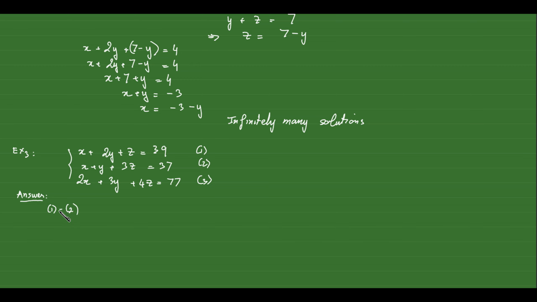You see that in the first system of linear equations in 3 variables, most of the time we add, right? Actually, we can subtract too, as long as you can get rid of it. So I take 1 minus 2: y minus y is gone, which gives negative 2z equal 39 minus 37, which gives 2.